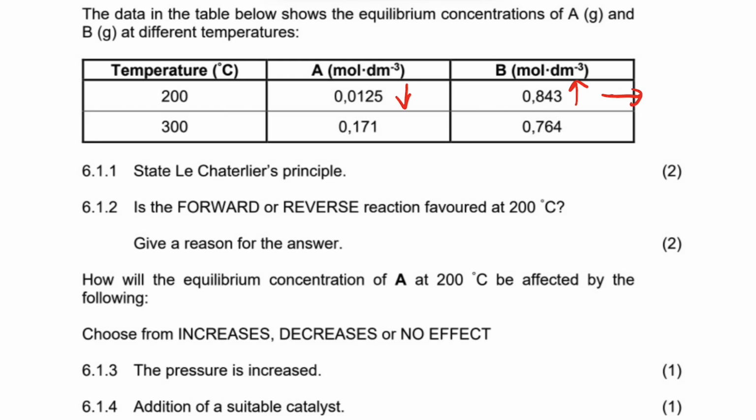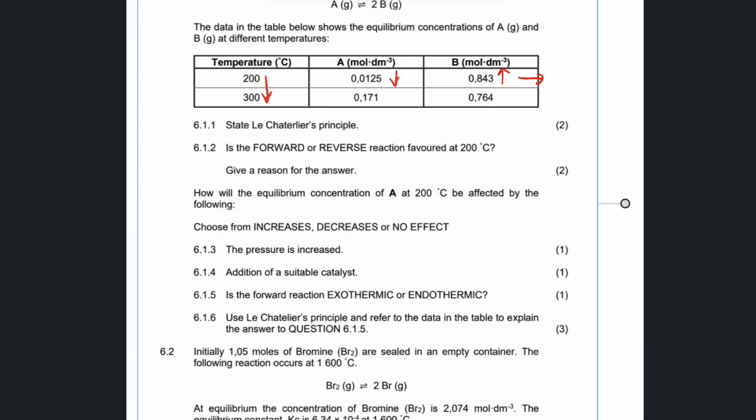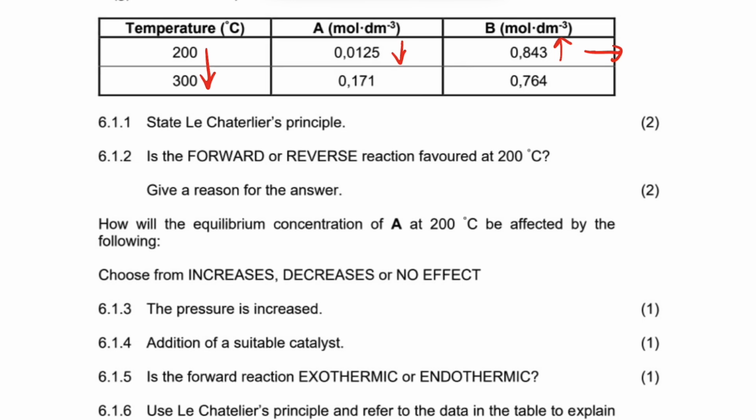Now if you look at the temperature increase, when the temperature increases from 200 to 300, you know that it favors the endothermic reaction. But now, in the new equilibrium, the equilibrium was disturbed by increasing the temperature. Look at the concentration of the product.